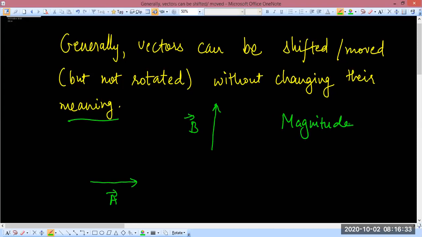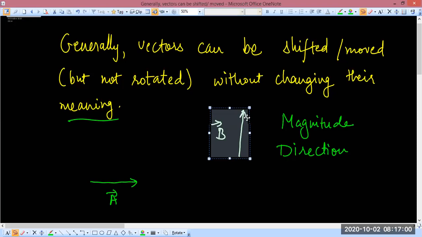Every vector is determined by only two things: one is magnitude and the other is direction. As long as you don't rotate it, if I only shift it, the direction of the arrow remains same. Do you agree, everyone? I hope all of you can see what I'm doing.